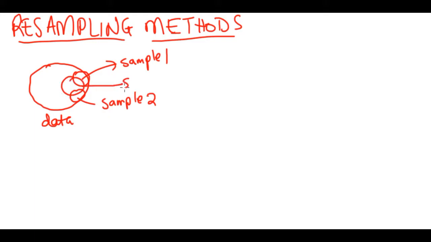So repeatedly drawing samples from the same data set. And this data set could be our training data. In our case, we want to train a machine learning algorithm, so we want to repeatedly draw samples from our training data.